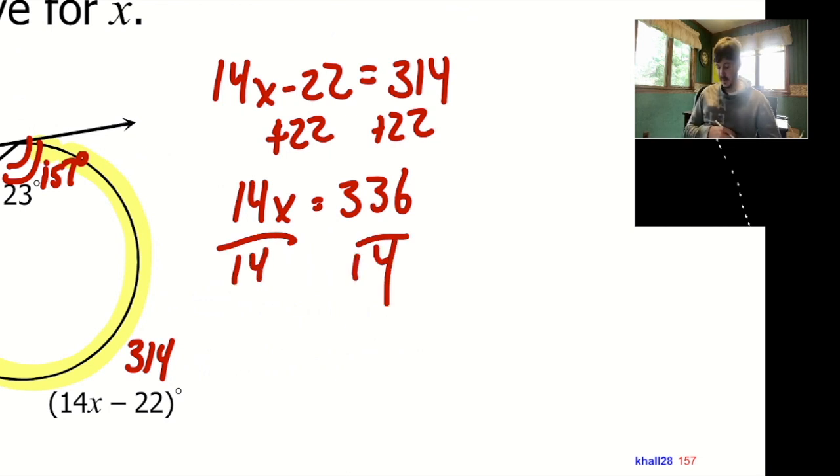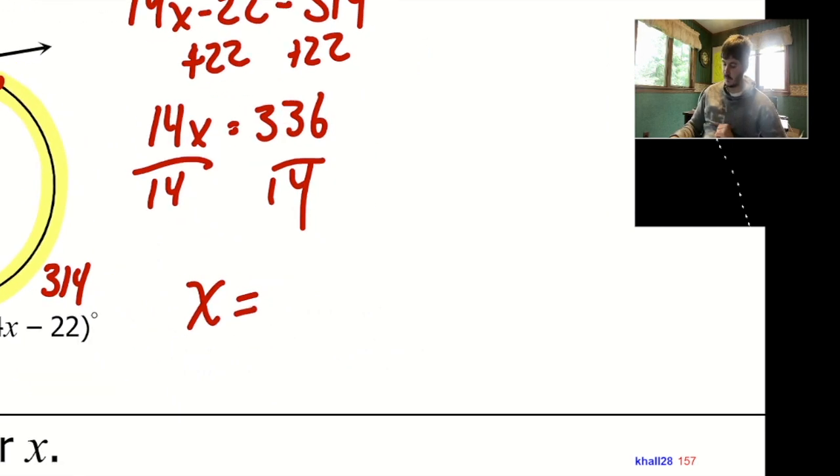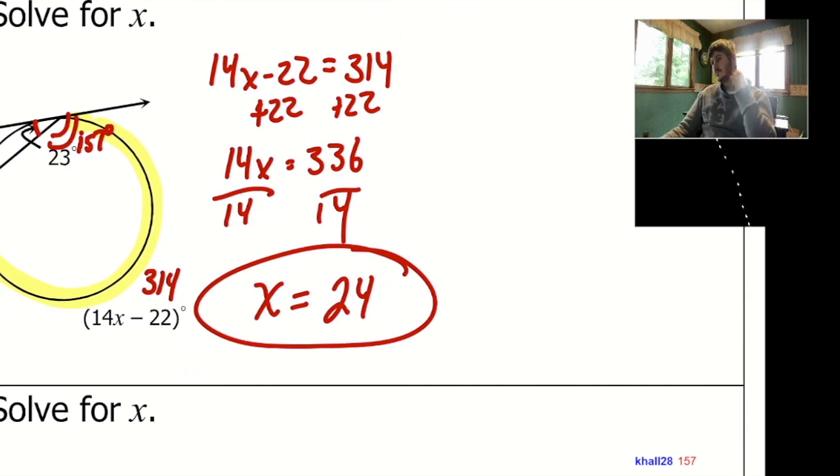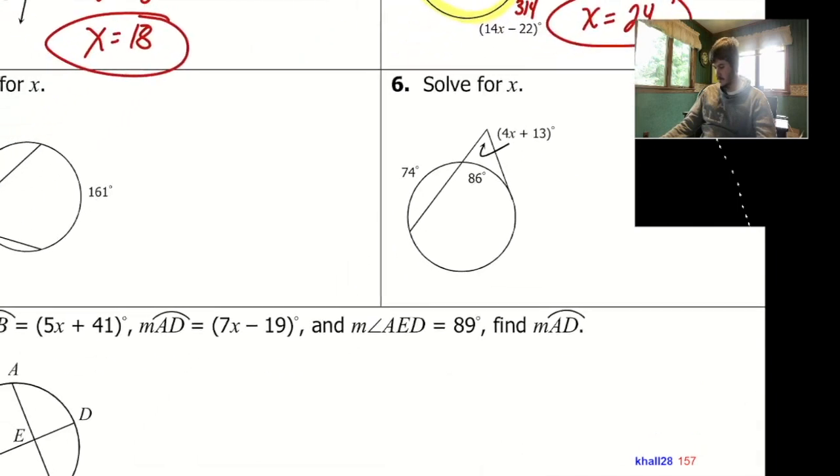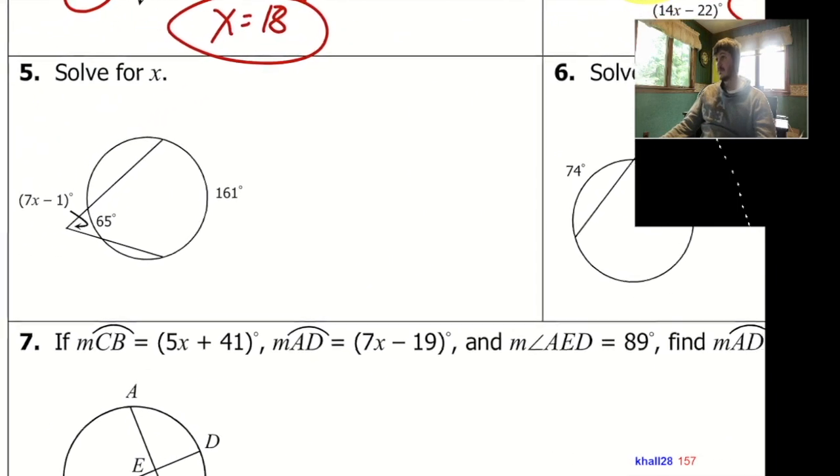And then we're going to divide by 14. Which should give us 24. All right.